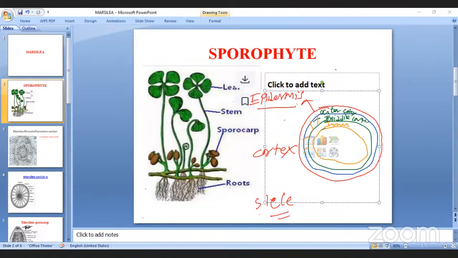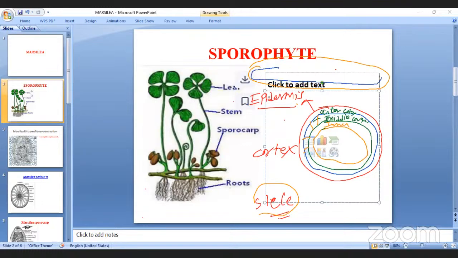After the inner cortex, the cortex is completed with three parts. Next, the stele. The stele is amphiphloic siphonostele.